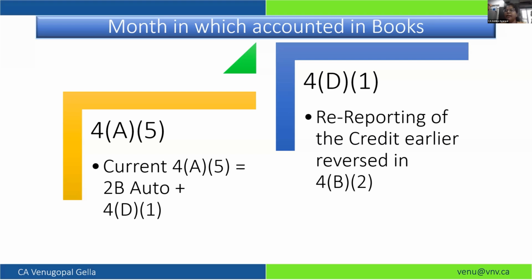So what I will do is, to my current month availment in 4A5, I will add that ITC which I am going to avail now of the previous month, and the same amount I will also report in 4D1. This is only a manner the government has prescribed for the purpose of proper reconciliation, because from this they will come to know how much ITC you are availing of the previous month and how much ITC relates to the current month. It will facilitate easy reconciliation.